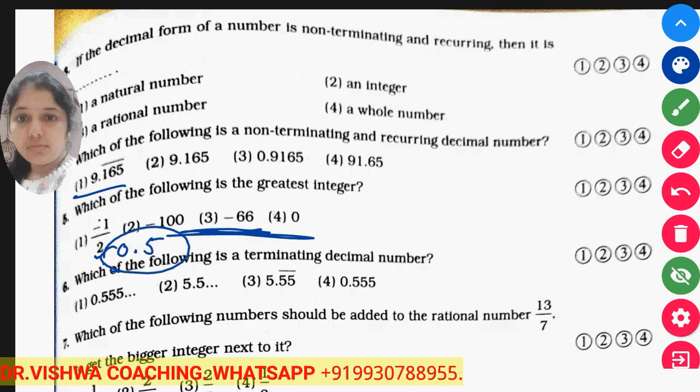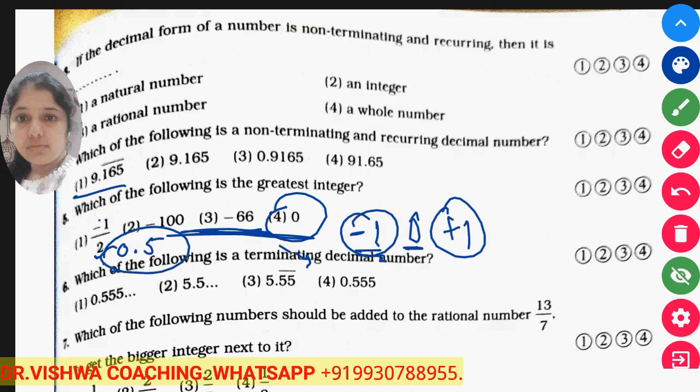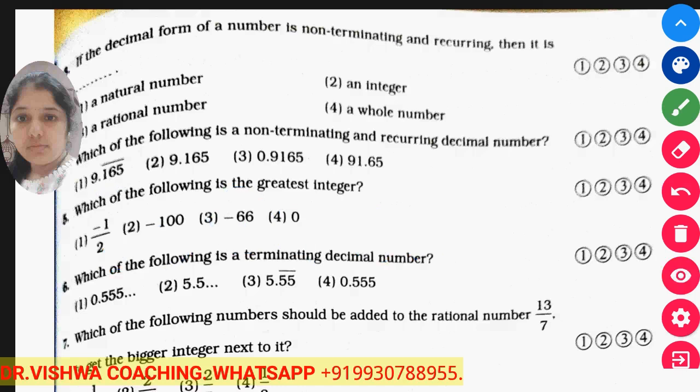So in between these three, 0 is not considered as a greatest integer, because we already see that minus 1 is the greatest negative integer and plus 1 is the greatest positive integer. 0 we didn't consider. So in between minus 66 and 100, which is greater? So when negative numbers are there, the smaller number is greater. So option number 3 is the correct option.